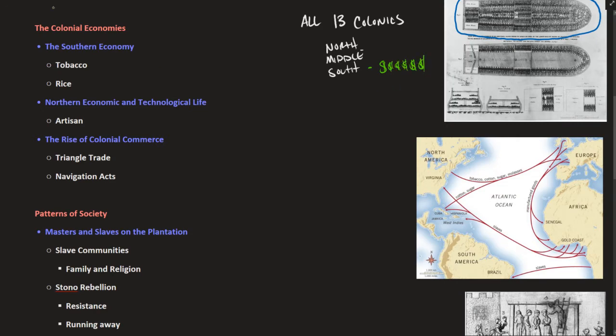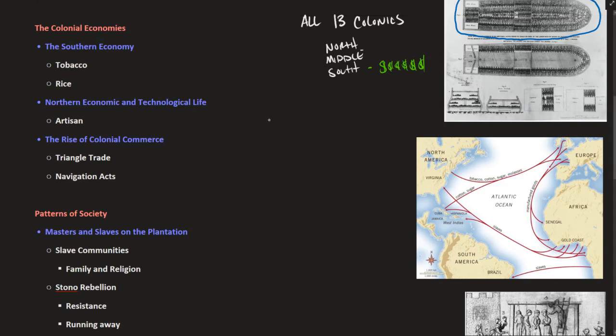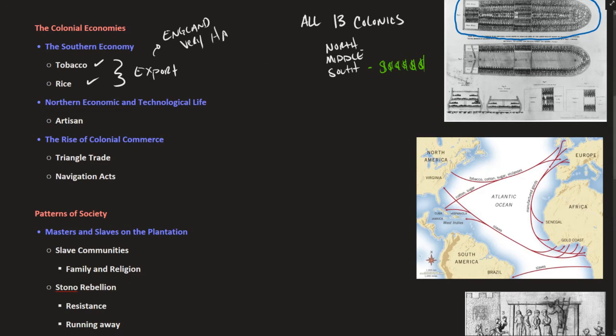They produce tobacco, they produce rice. The South is the most valuable part of the colonial world, right? Tobacco, rice, all of these for export, right? This makes England very happy, right? England is very happy with the southern colonies.